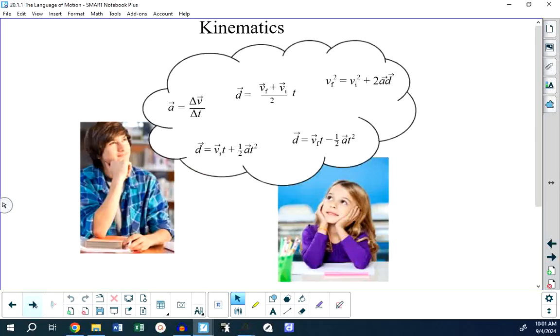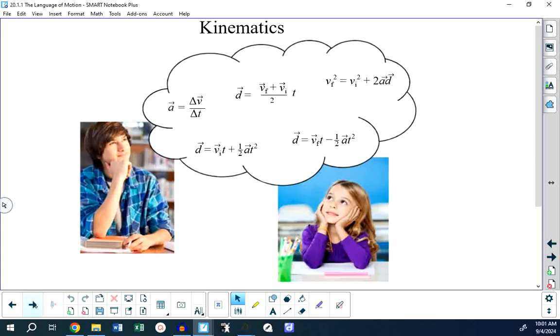Okay. So here I'm going to get into, if you look on the front cover of your unit handout, the importance of scalars and vectors. And you will not appreciate this fully, but you will appreciate it on some level. These are what I call the 5 kinematics equations or formulas. And it's quite intimidating when you look at them.